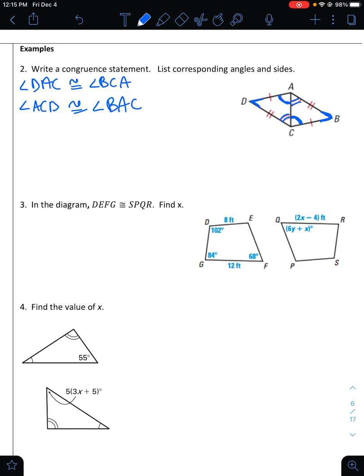So I can call it angle D because there's no other angle attached to D, or I could call it ADC, either way. So I'll just say angle D is congruent to angle B, and in parentheses I'm going to write third angles theorem. I'll just abbreviate theorem.